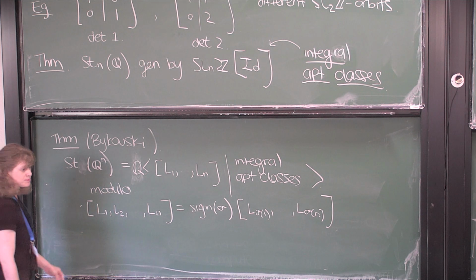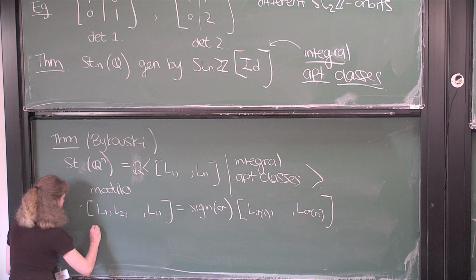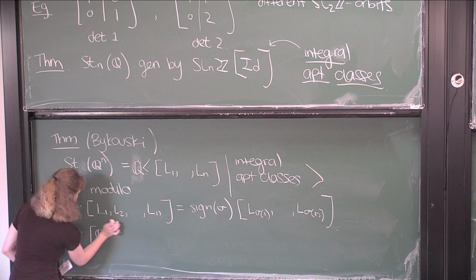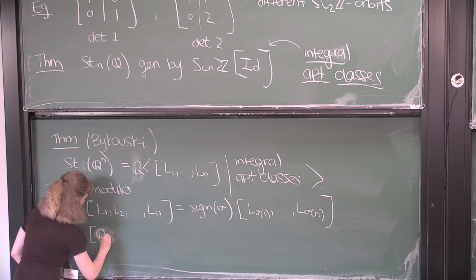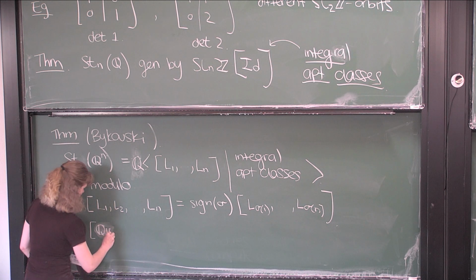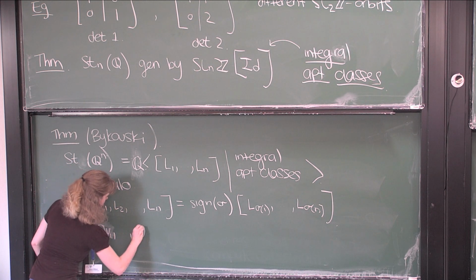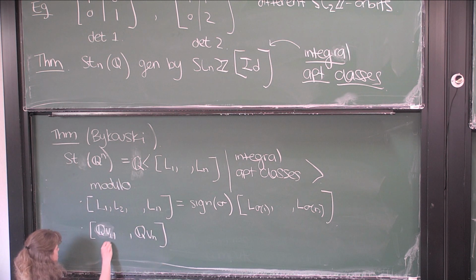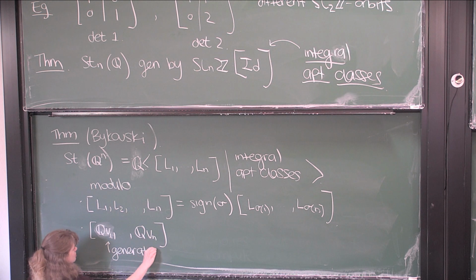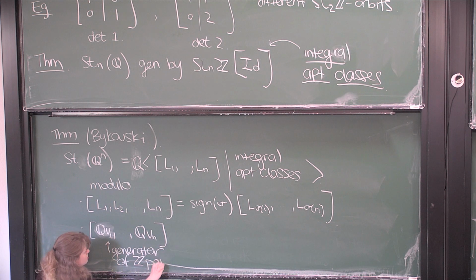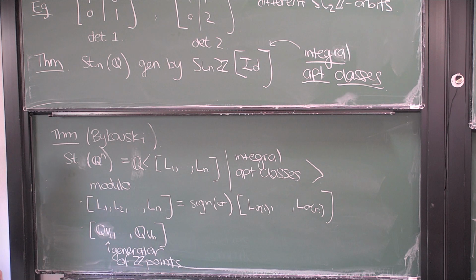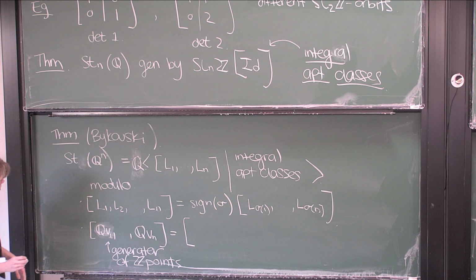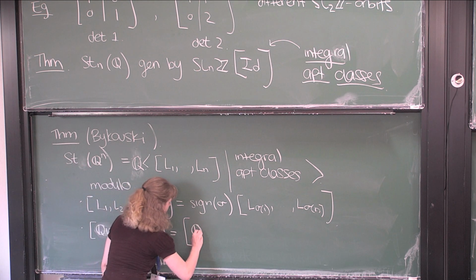And then the next relation is the following. To write this down, I'm going to choose integer generators for each of my lines, so primitive integer vectors. And the relation says that I have equality between this symbol and the following.